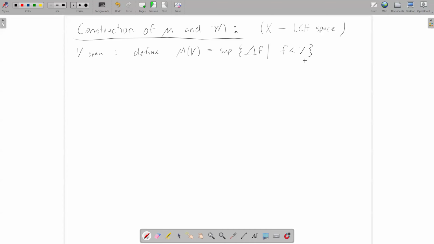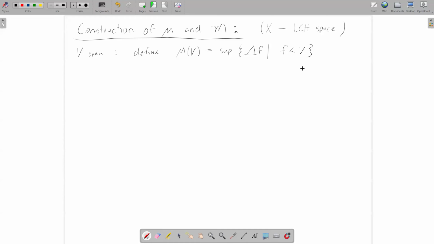This notation was covered in, I think, part two. Basically, it just means that the support of f is contained in V. All the values where f is not equal to 0 are contained in V, as well as the closure of that set. Also, f is between 0 and 1.